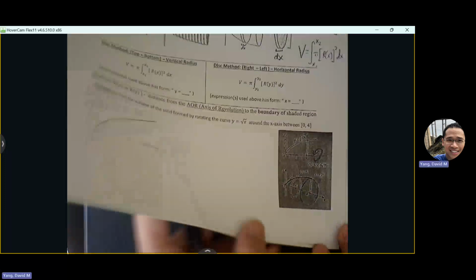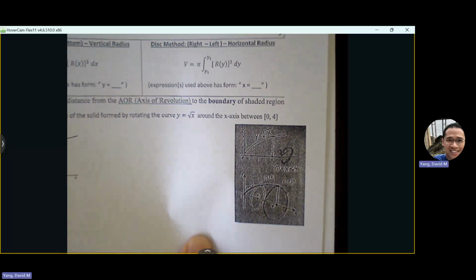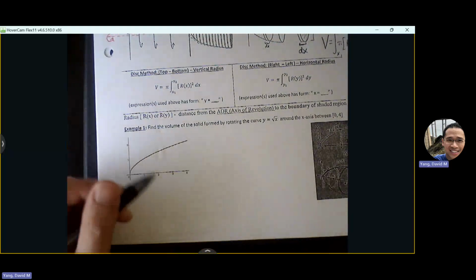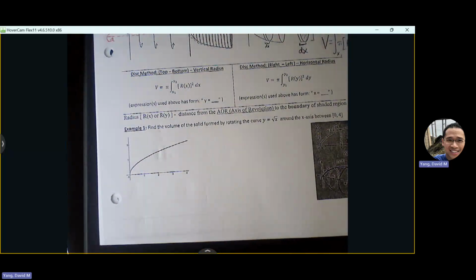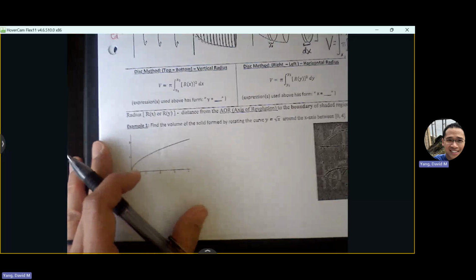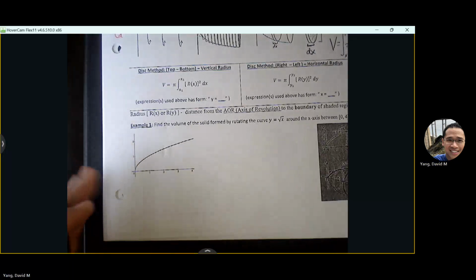This is a three-dimensional representation of what the object looks like, but we're always going to draw it two-dimensionally. As long as we can get all the parts, we can just put it into the formula. So we don't have to draw it exactly like a three-dimensional object.